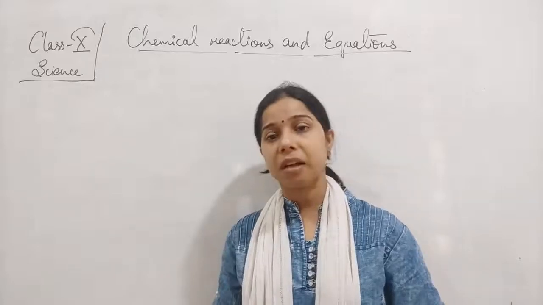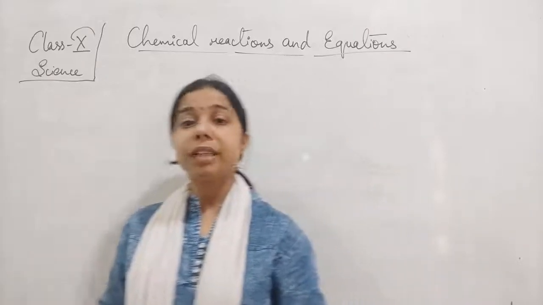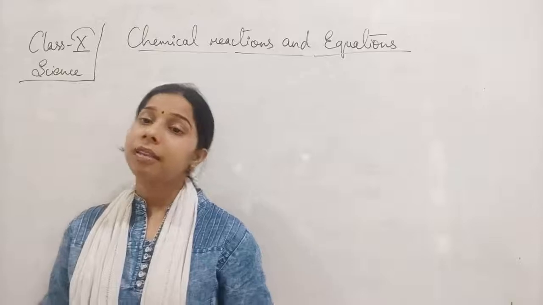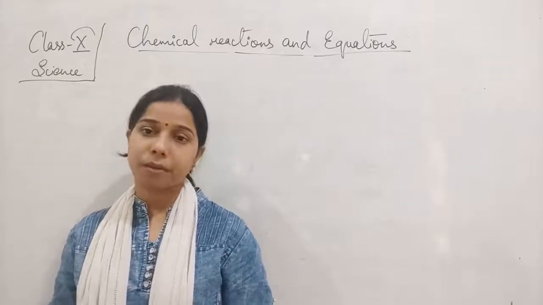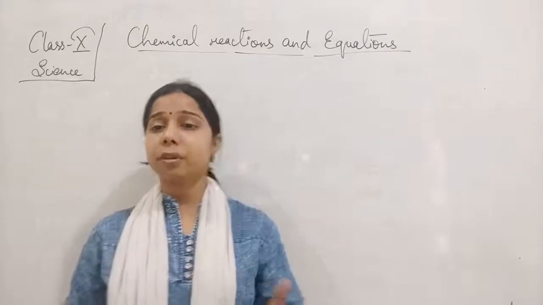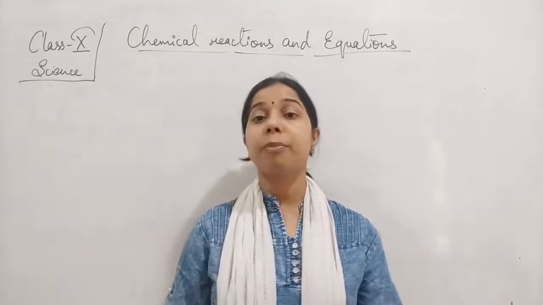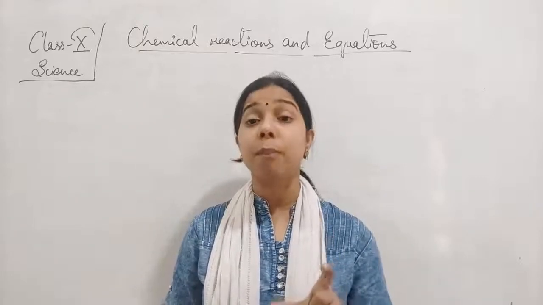Finally, change in the color also. When a chemical reaction happens, a change in color also occurs. For example, take potassium permanganate, which is purple in color.